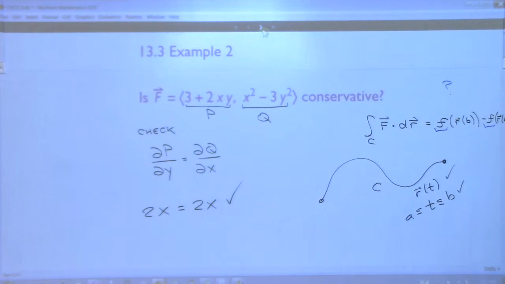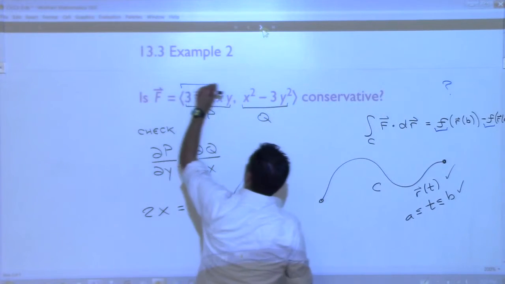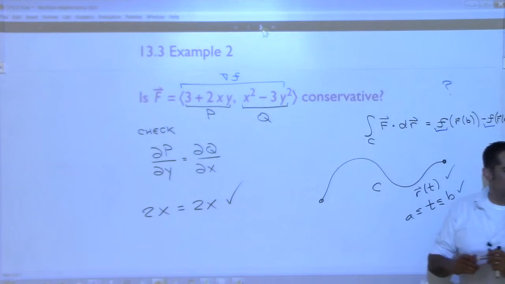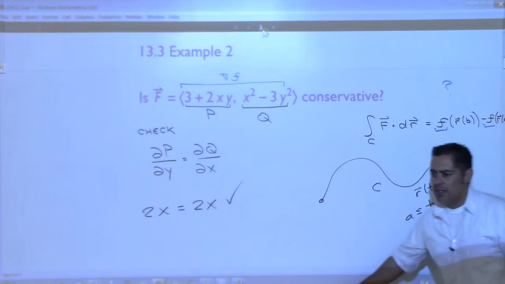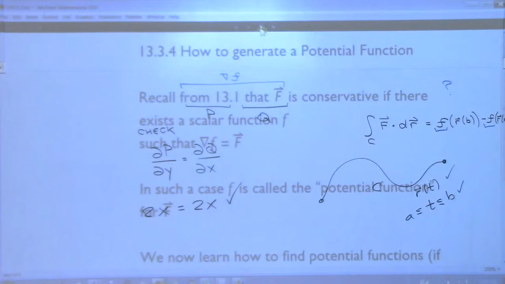What I can tell you is that this is conservative, so this is the gradient of some scalar function, but I don't know what that scalar function is yet. I have to go find it, don't I? I'd have to go find what the little function is that creates that vector field. We're going to do an example, all right? I'm just trying to get you to think ahead here.